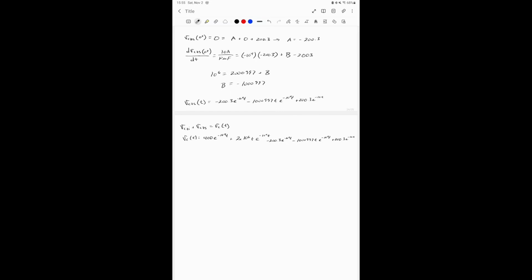So 400 minus 200.3. So we're going to have VC of t is equal to 199.7 e to the negative 10 to the 4th t.